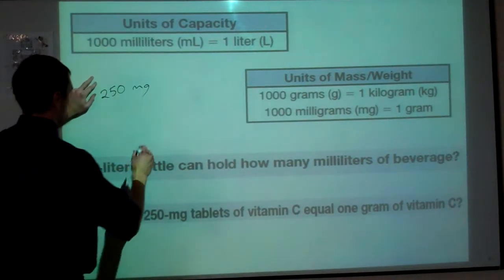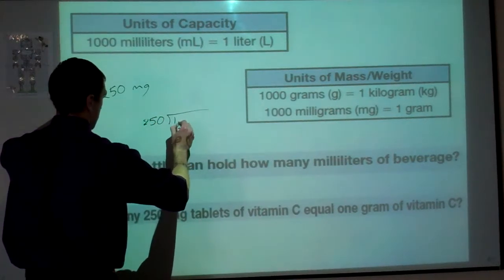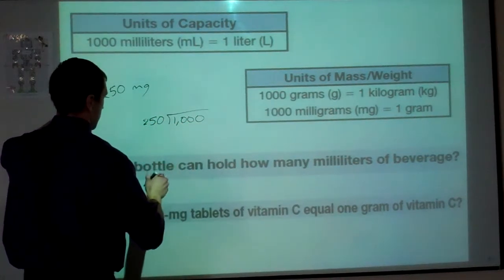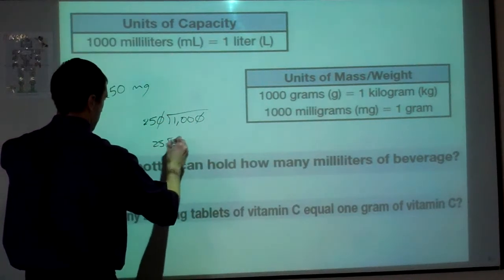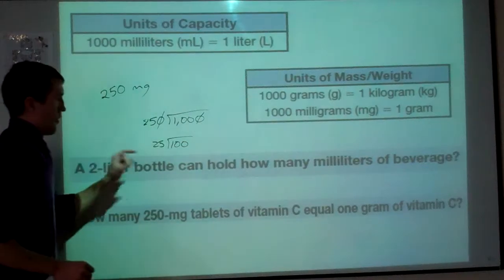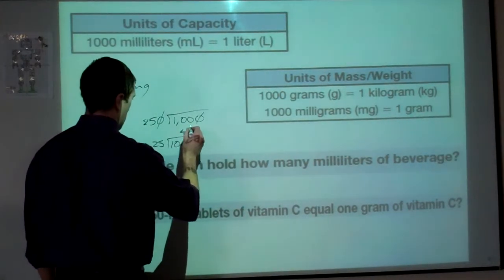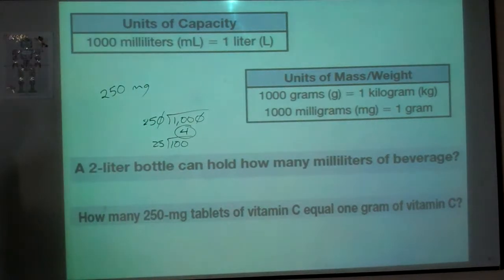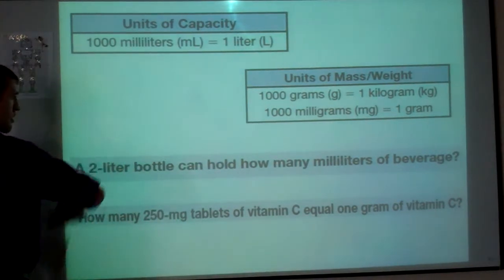So we would do 250 and see how many times it goes into 1,000. Or, cross one of these zeros out, that's 25 goes into 100, and we know that 4 of those go in there. So it would take 4 250 milligram tablets to equal 1 gram of vitamin C. So those are some things we could do there with our conversions.